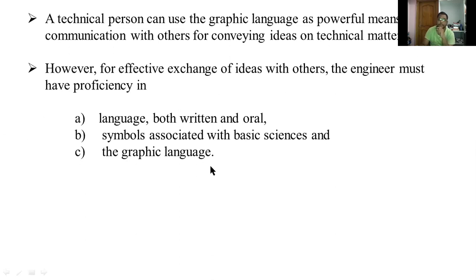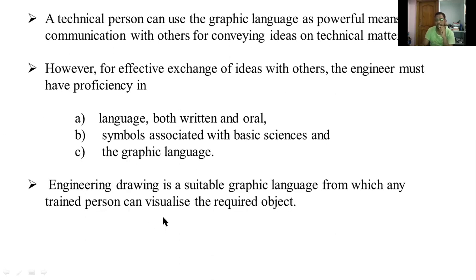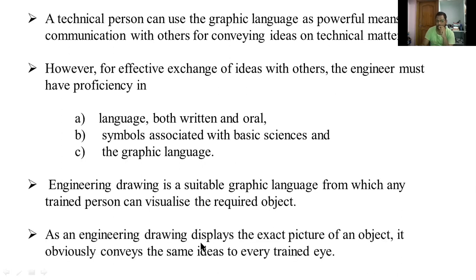So engineering drawing is a suitable graphic language from which any trained person can visualize the required object. As an engineering drawing displays the exact picture of an object, it obviously conveys the same ideas to every trained eye.